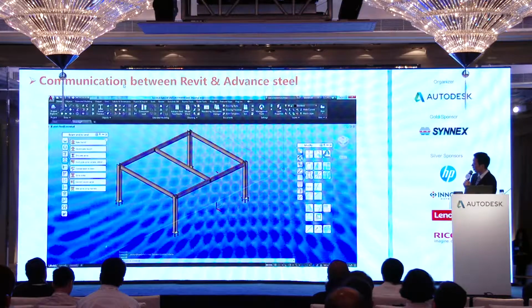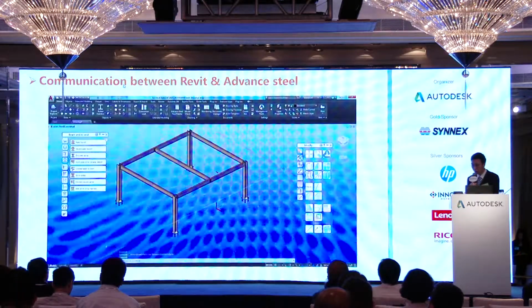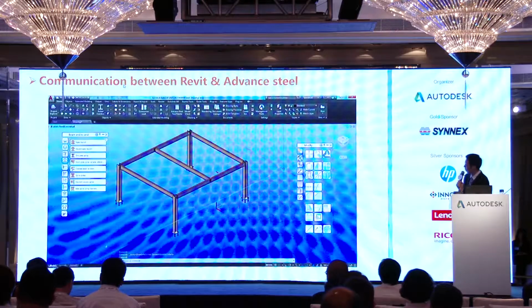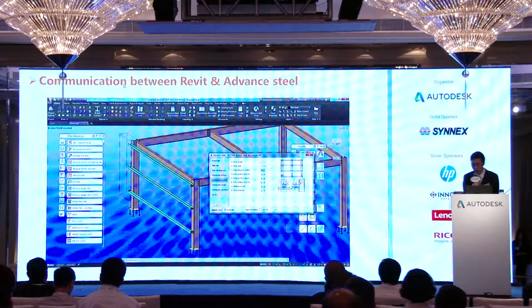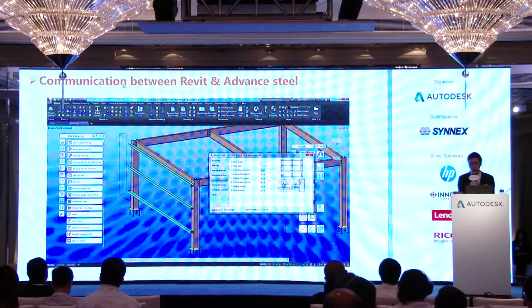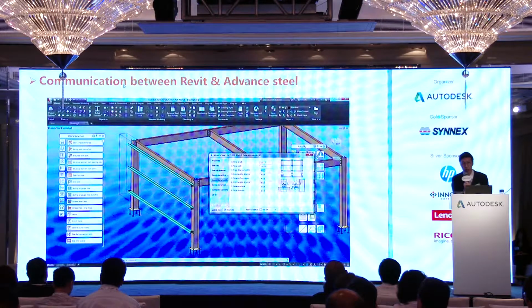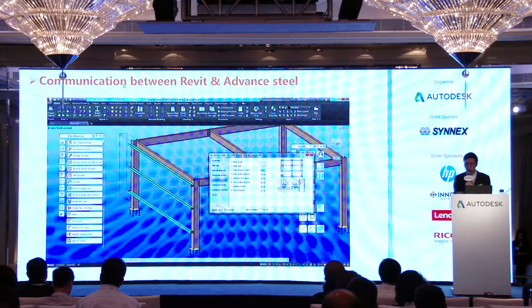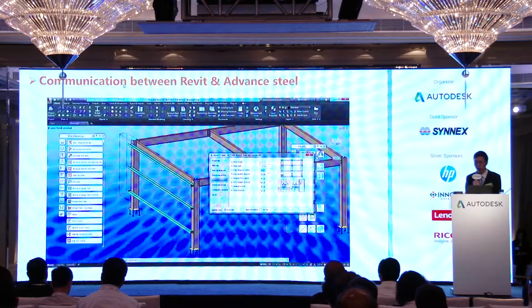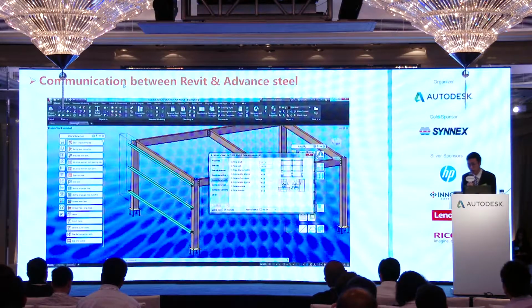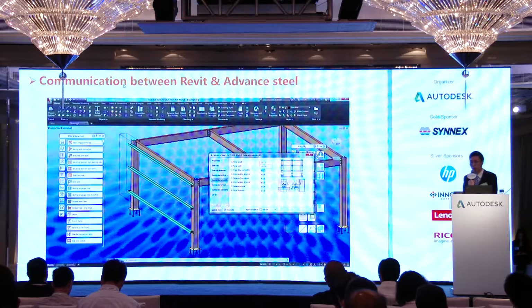Here we can see the same model in Advanced Steel. Additional cold rolled and secondary steels can then be added in Advanced Steel, as well as modifications made to the existing connections, notches and cuts from Revit. These changes can also be fed back in real time into the Revit model if required.